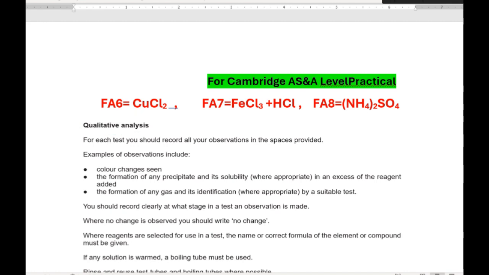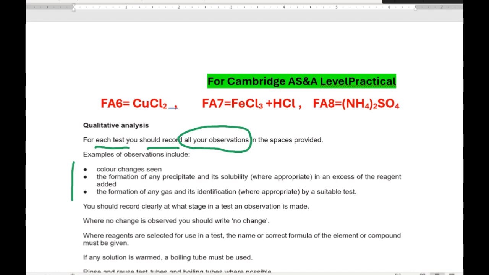First, this 3 point you must read carefully. For every test you should record all your observations. Observation is what you would see: what color, whether precipitate forms, and whether the precipitate dissolves or not, you must mention.